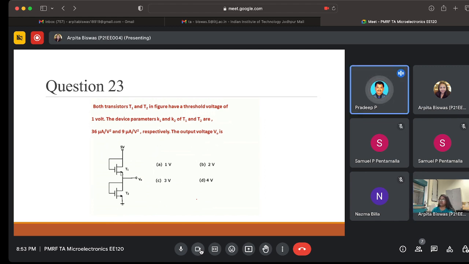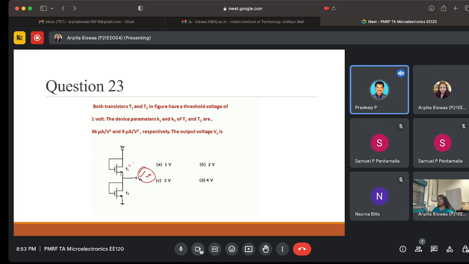We have already solved this type of problem, so please try to solve it. Again, you have to find the current equation for both transistors, then you can find the output voltage. Like in the previous case you had to find Vx, in that way you have to find it.